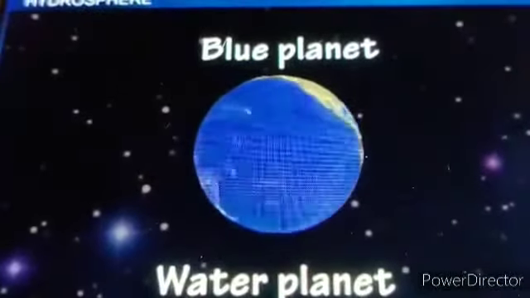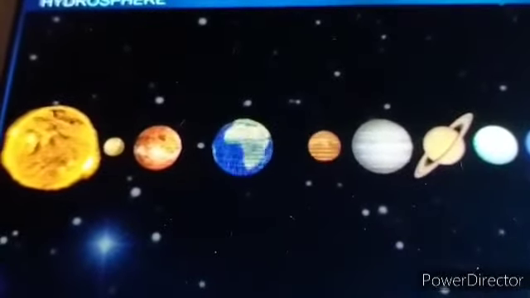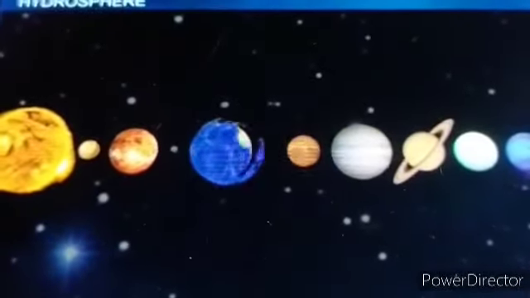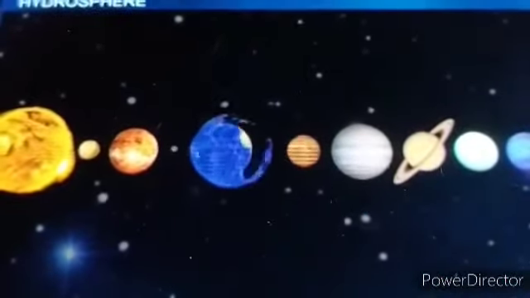And this abundance of water is what distinguishes Earth from other planets of our solar system. Let's know some more things about this interesting feature of our Earth, that is the hydrosphere.